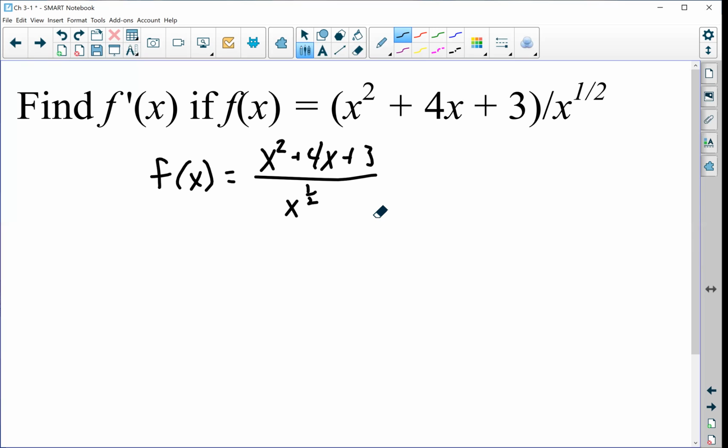And because my denominator is only one term, I can write this as x squared over x to the 1/2 plus 4x over x to the 1/2 plus 3 over x to the 1/2.